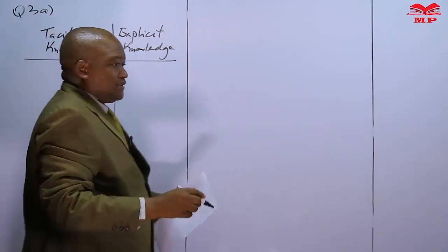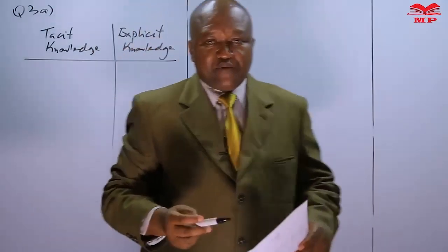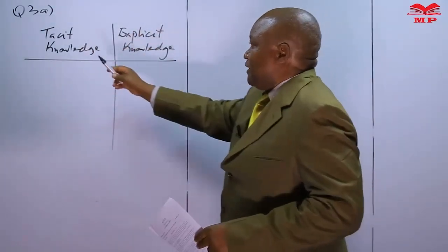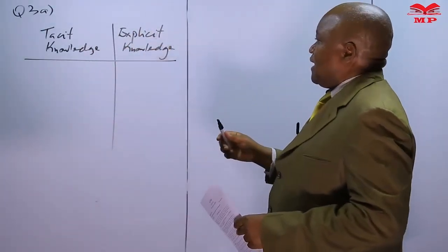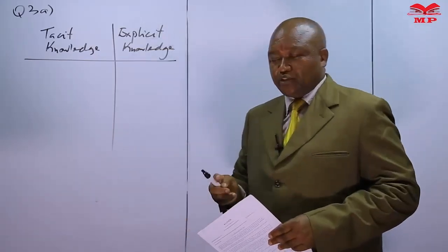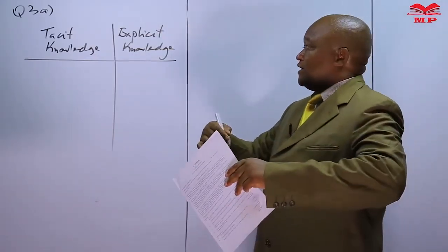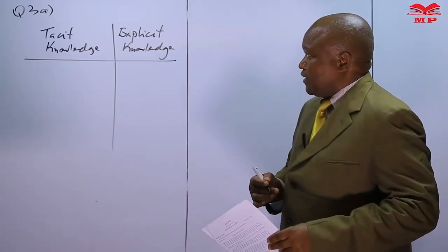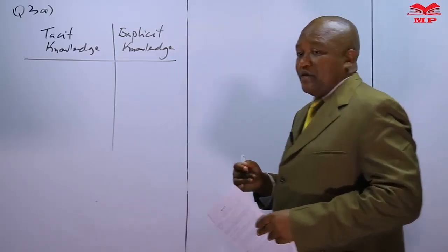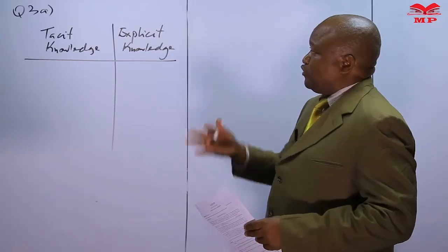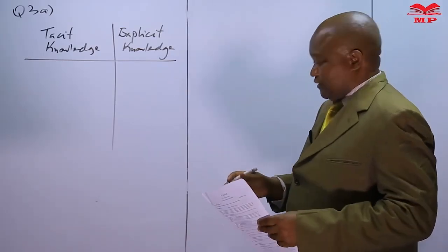Now, before we answer the questions, we should appreciate that tacit knowledge and explicit knowledge are 2 concepts that are used in knowledge management within the knowledge management setting. Now, what are some of the differences that may be seen between tacit knowledge and explicit knowledge?